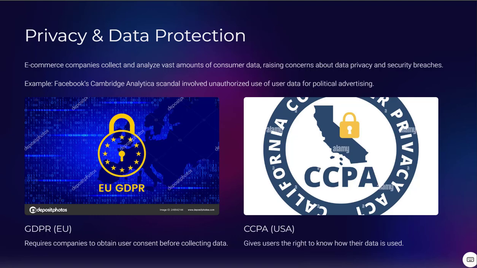We will look at the legal side in more detail, right? GDPR in the EU requires companies to obtain user consent before collecting data, and the CCPA in the USA gives users the right to know how their data is used.